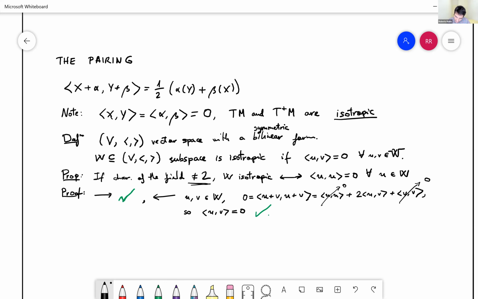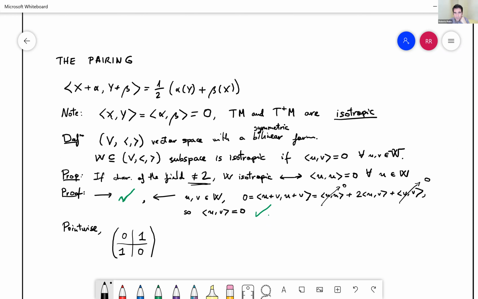So these isotropic spaces appear in our setting, because we are not going to study just arbitrary pairings. Point-wise, look at what's happening: the pairing we have is like this. You can find a basis such that the matrix corresponding to this pairing is 0, 1, 1, 0.